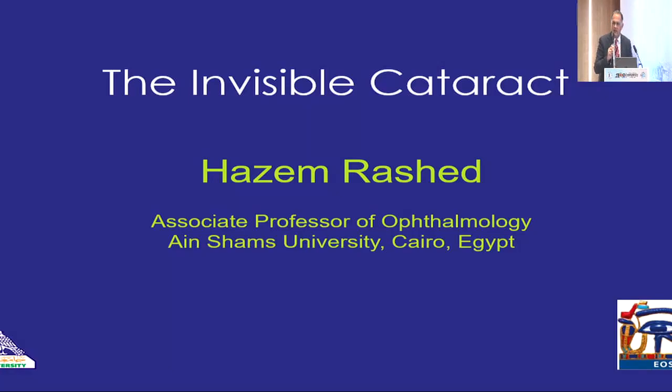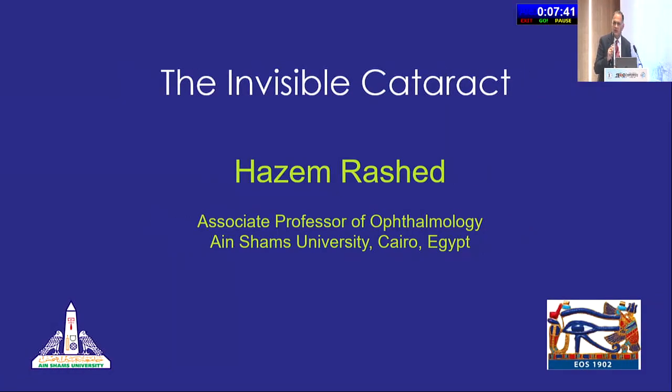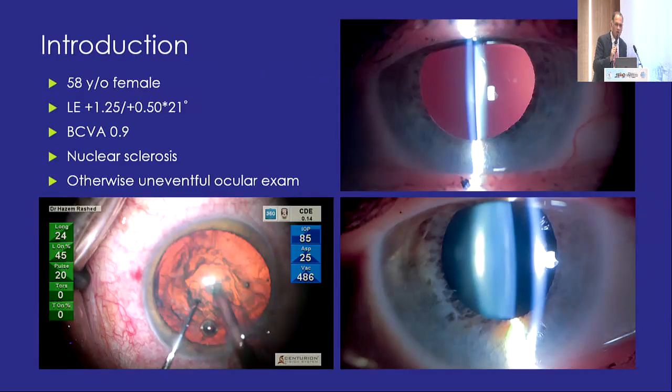The topic was coined quite a few years ago by Professor Herbert Kaufman. Of course, it's a very tricky issue because it's not a matter of not seeing any opacity and then telling the patient, oh yes, you do have a cataract, and running to the operating theater.